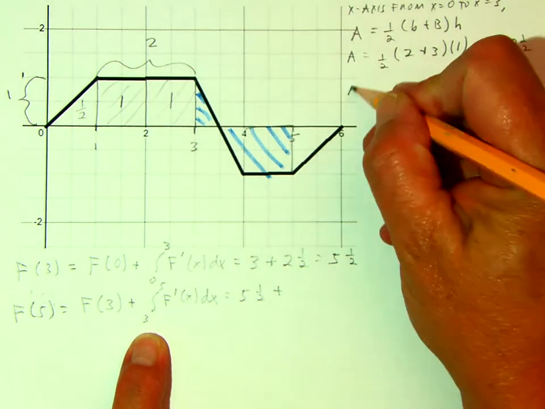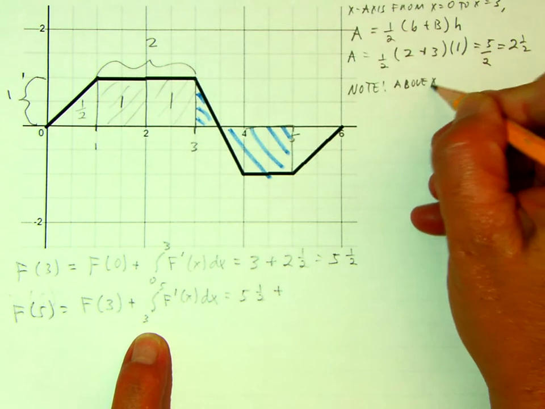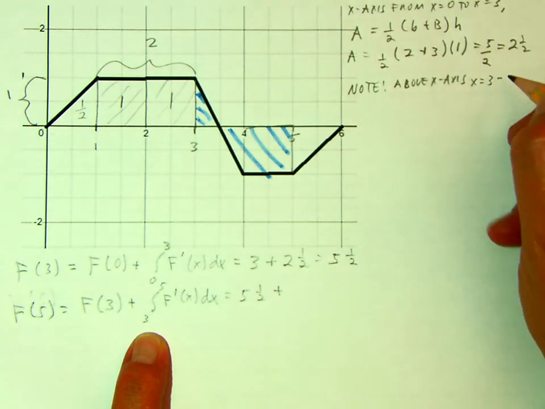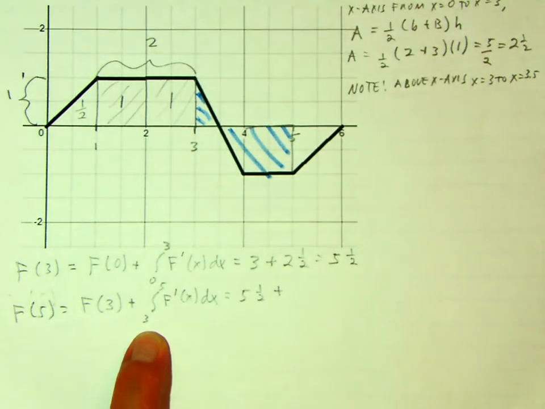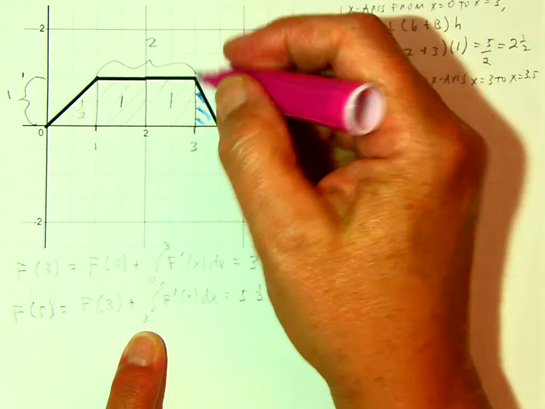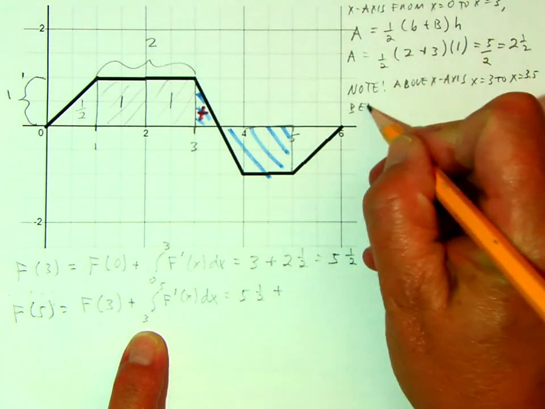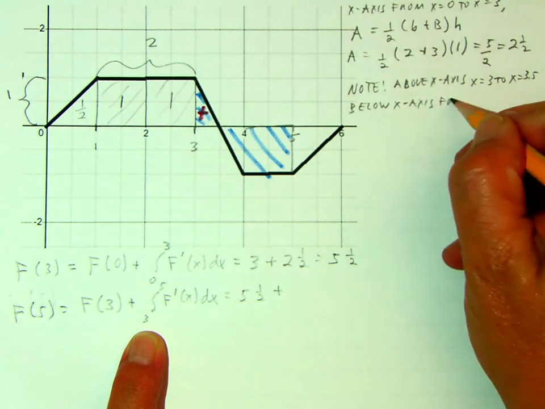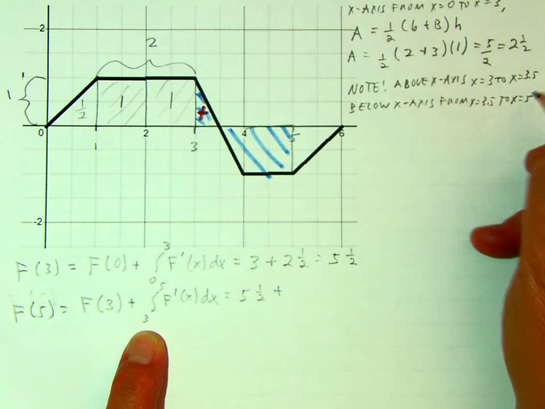Now you can see that we are above the x-axis from x equals 3 to x equals 3.5, so this is going to be positive, and we are below the x-axis from x equals 3.5 to x equals 5.